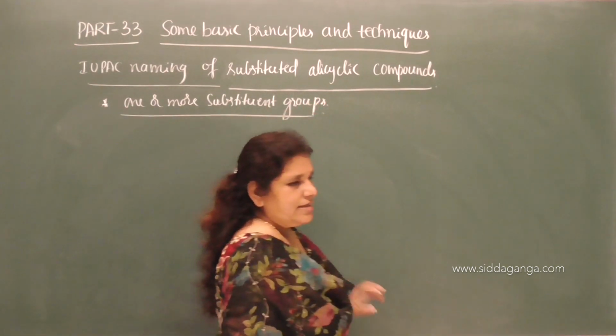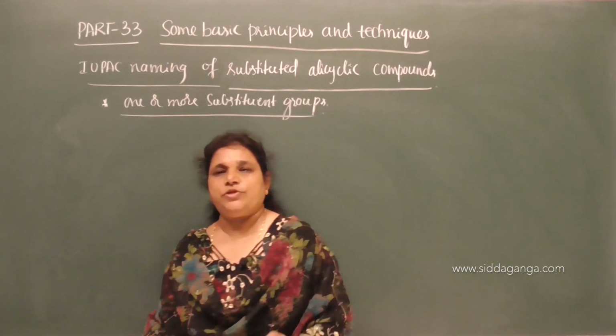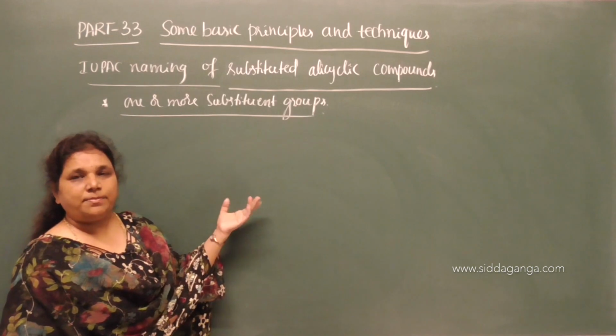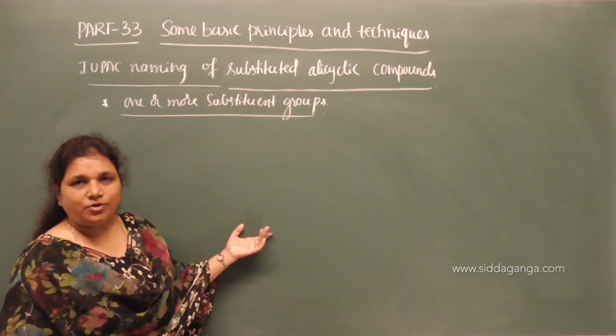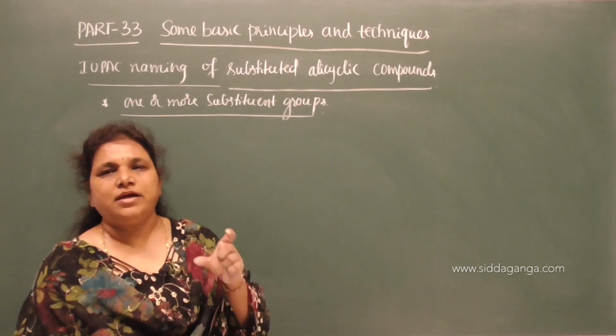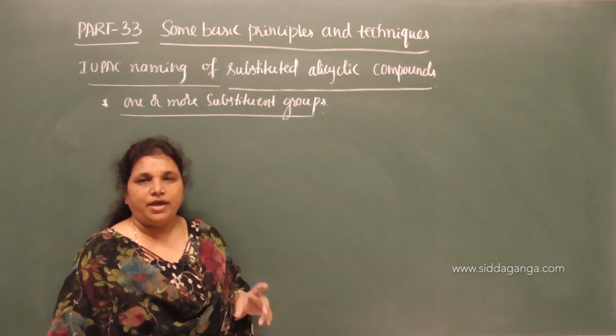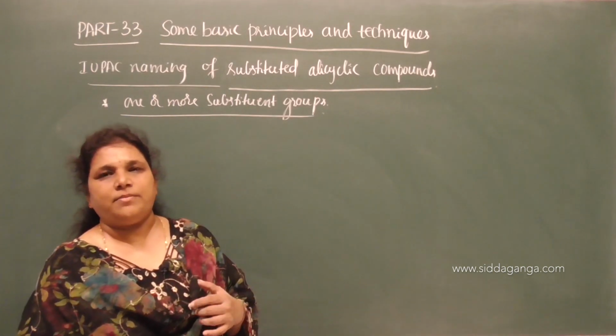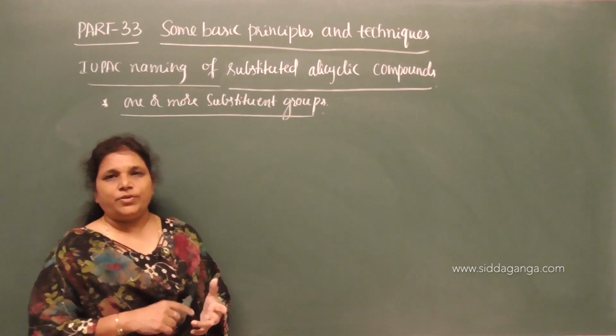Whenever alicyclic compounds get substituted with substituent groups, we need to use the prefix of that substituent group, followed by the name of the parent alicyclic compound, like we named in the case of substituted alkanes.